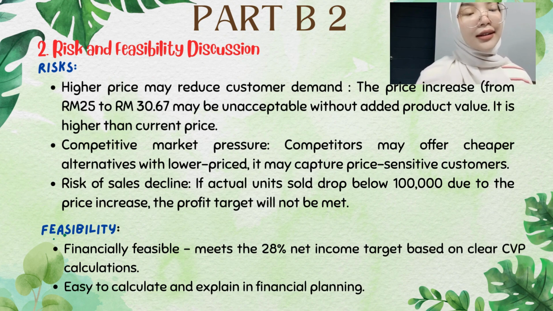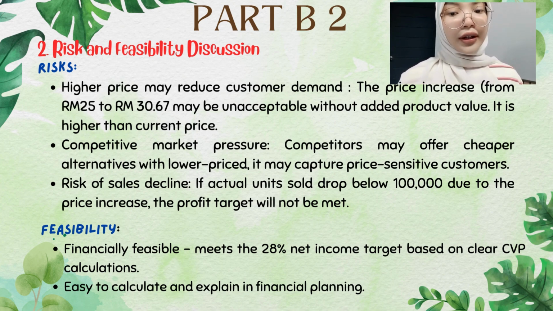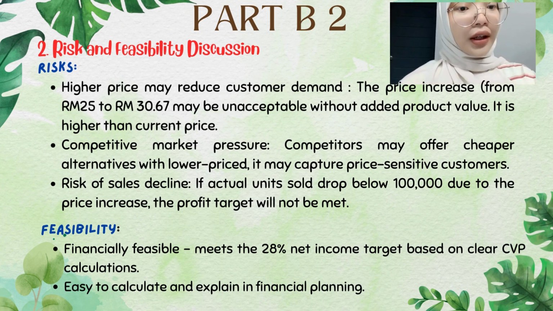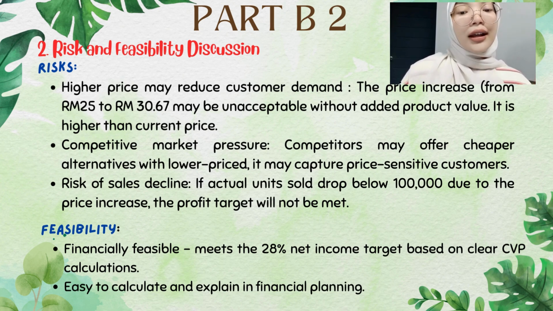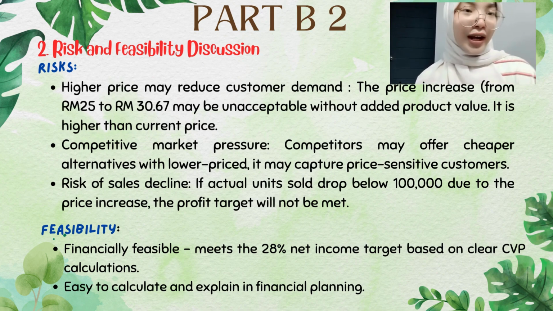It is easy to calculate and communicate to stakeholders, allowing us to make informed data-driven decisions. So, while there are real risks, particularly concerning demand and market competition, the strategy remains financially sound and feasible under the current assumptions. So, we are going to the next part.